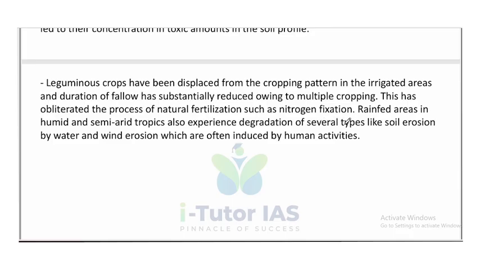The rainfed areas in humid and semi-arid tropics also experience degradation of several types like soil erosion by water and wind erosion, which are often induced by human activities.